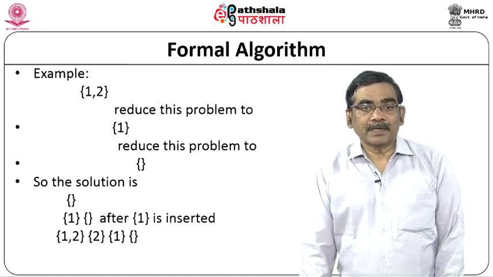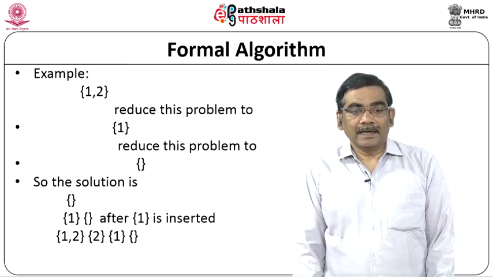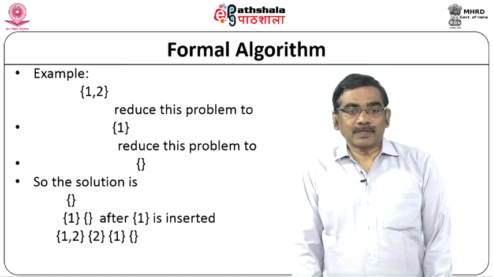So, it becomes 1 comma 2, then 2 and null. So, first it is null, then it is 1, then 2 is inserted so it becomes 1 comma 2, and when I insert 2 into the null it becomes 2. So, that is what the subset is.